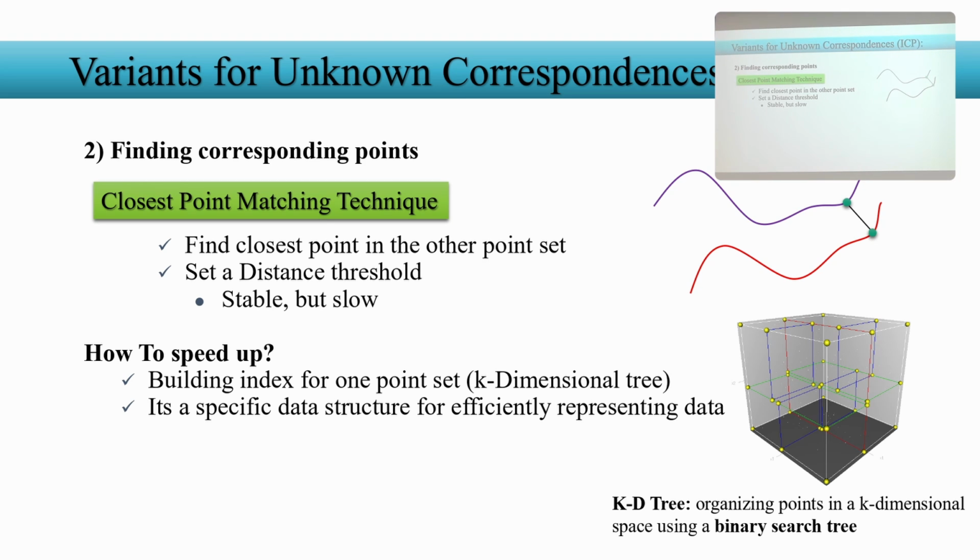Thresholding says you have a map like this, and you know that the next scan is impossible to jump somewhere far, it will be somewhere around here, right?